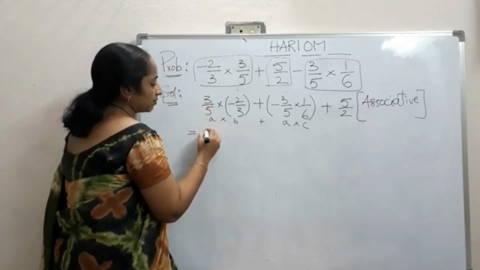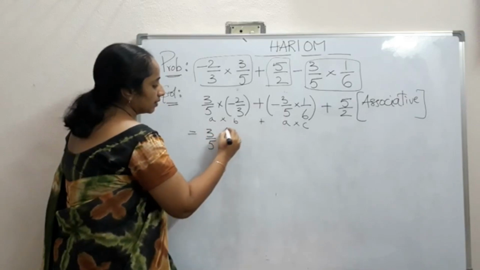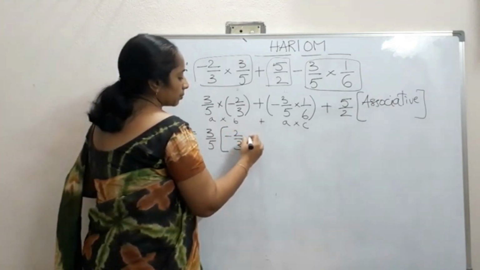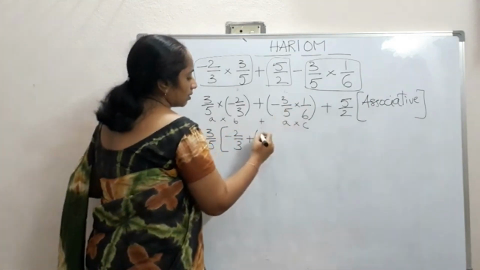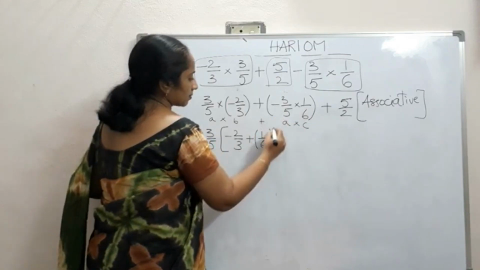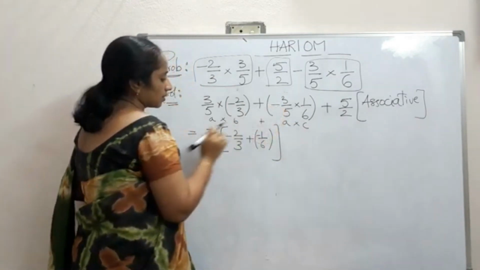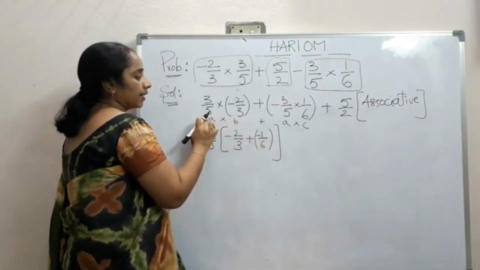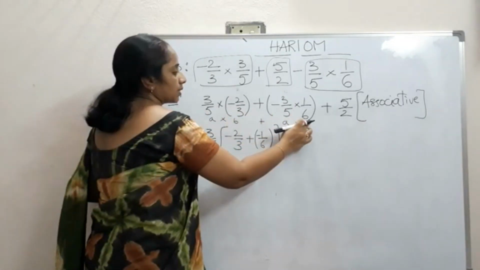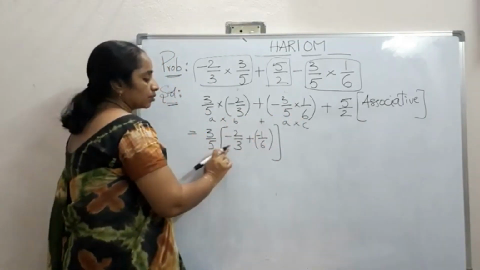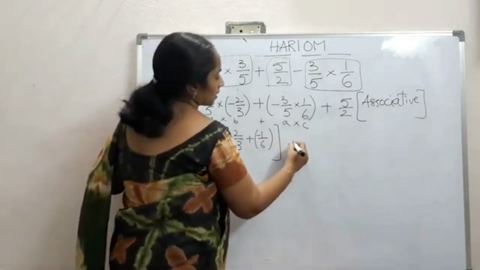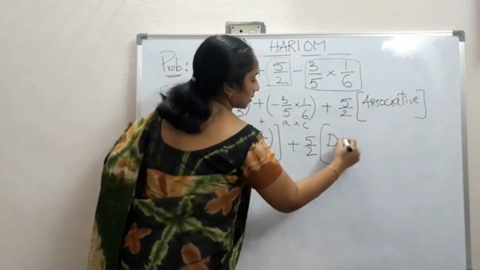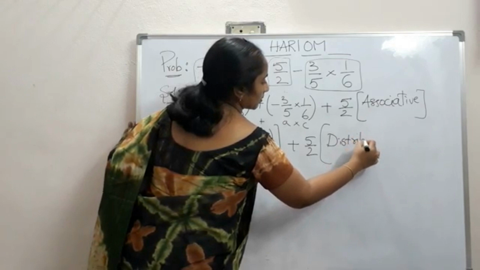Here take this 3 by 5 as A, into B, minus 2 by 3, plus minus 1 by 6, this minus. So it is A into B plus C. A into B plus A into C is equal to A into B plus C, plus 5 by 2. So here I applied the distributive property.